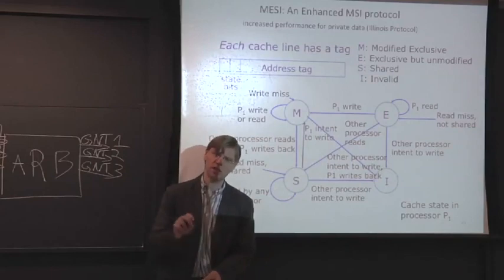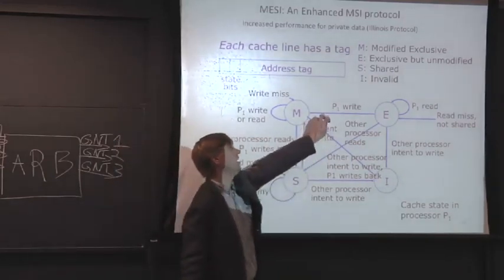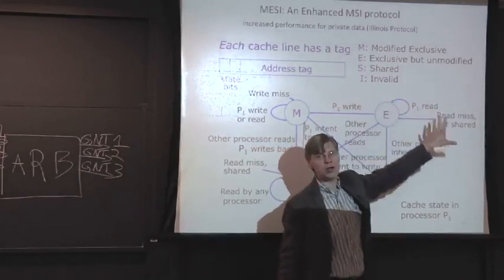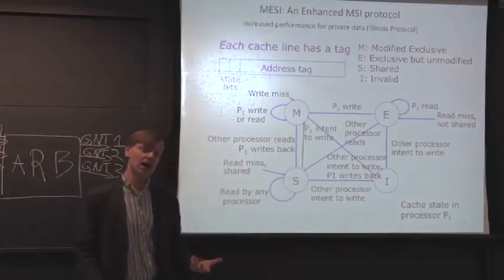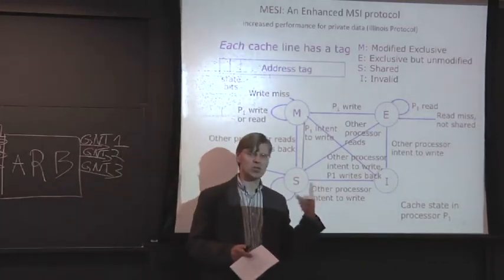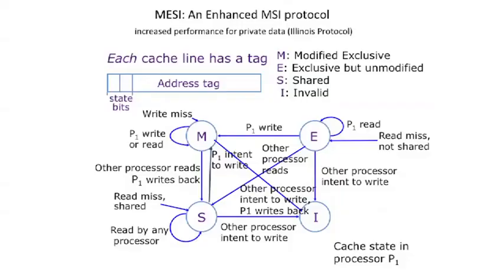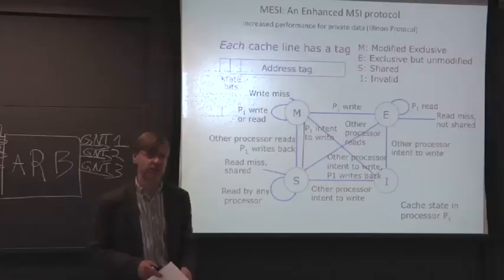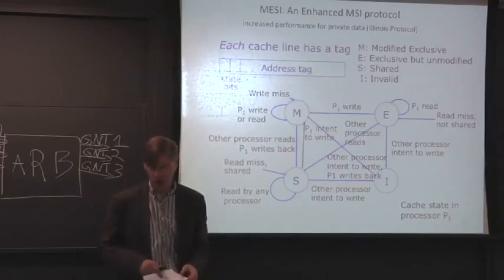Well, yes, but it's a little bit different because we took the modified state and we split it into two. Similar sort of invariant here, except now we say that a given cache line can only be in either modified or exclusive in one cache at any given time. And this guarantees that we never have stale data and guarantees that we have a useful cache coherence protocol.